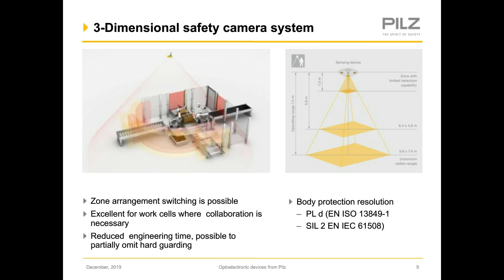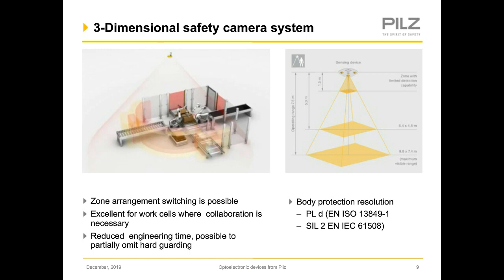Next, we have the three-dimensional safety camera system. So it's a camera head mounted over a work cell or a machine, and the viewable area, as you can see on that slide on the right, the viewable area there in orange, is dependent on the mounting height of the device from the floor or from a reference level.